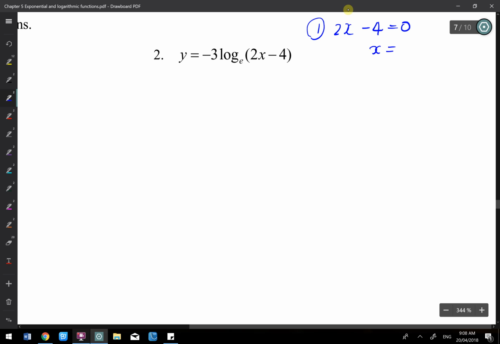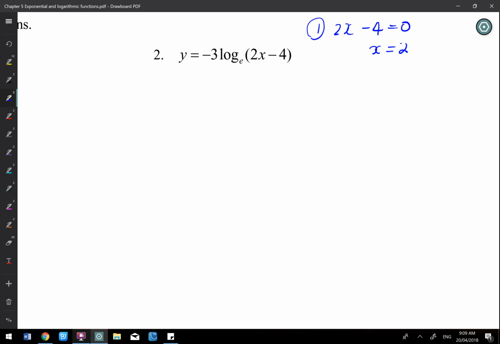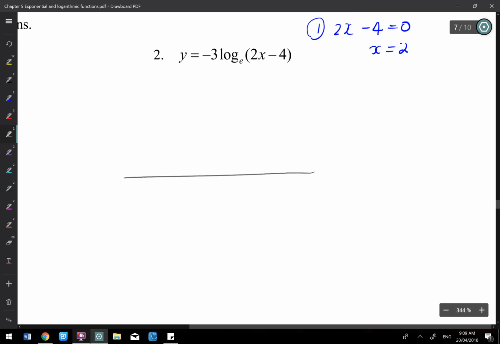So x equals 2. Okay, x equals 2 will be my vertical asymptote. That's the first thing, x equals 2, my vertical asymptote.